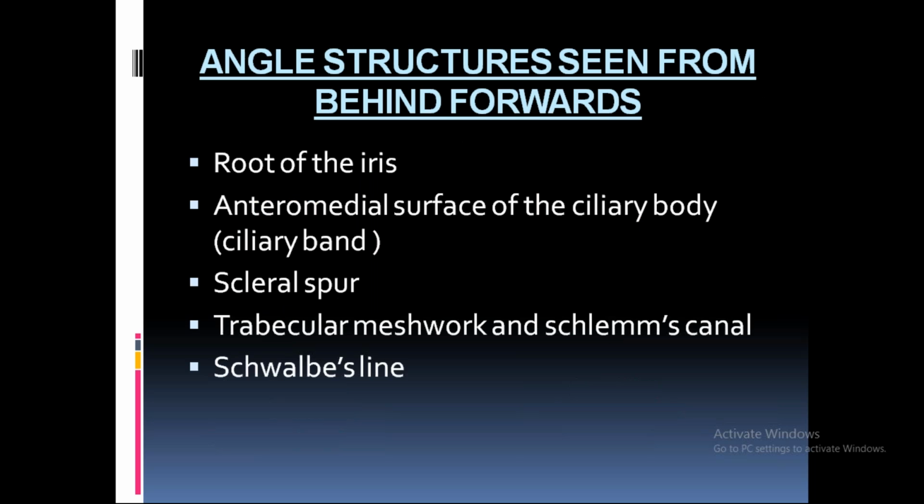Angle structures seen from behind forwards: root of the iris, anterior surface of the ciliary body, scleral spur, trabecular meshwork and Schlemm's canal, and Schwalbe's line. These are the structures seen from behind to forwards. Most posterior is the root of the iris, and more anterior is Schwalbe's line.